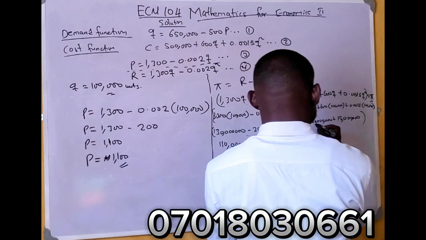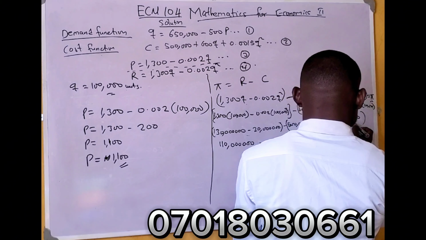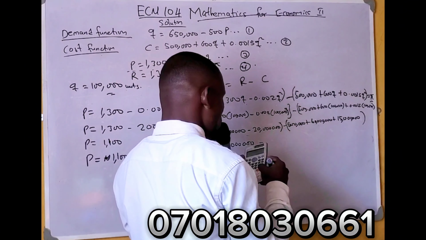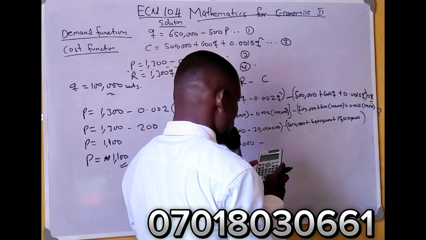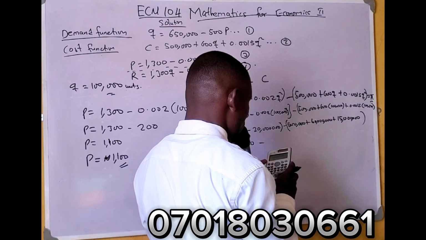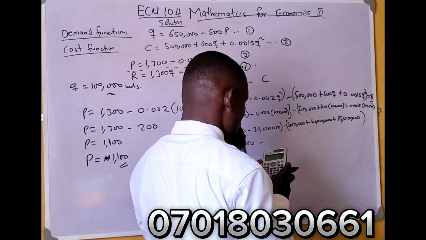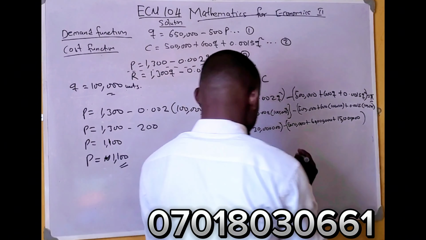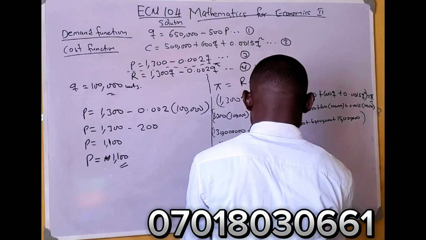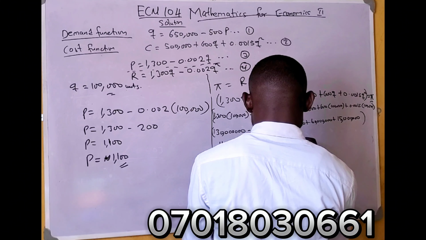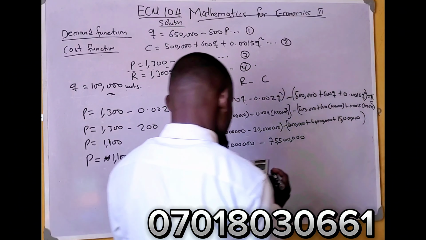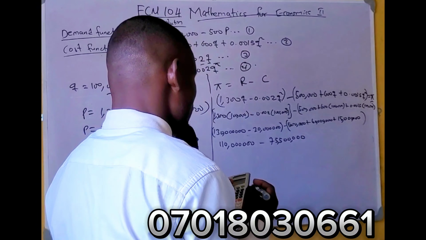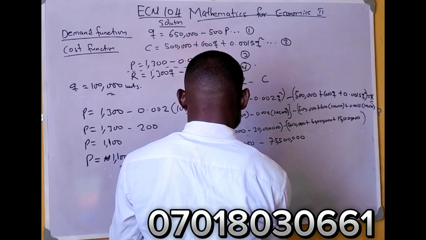Now, this is 60 million, this is 15 million, this is 500,000. What does the addition give us? This gives us 75,500,000. So what is our profit?